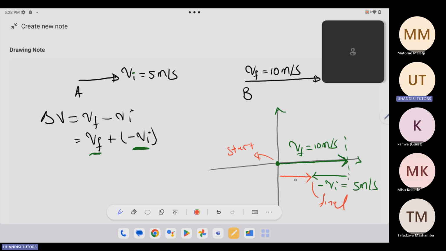Now this vector that I drew in red is your change in velocity. Since our change in velocity vector is pointed towards the right, this simply means that your acceleration is pointed towards the right. Did you guys get that?